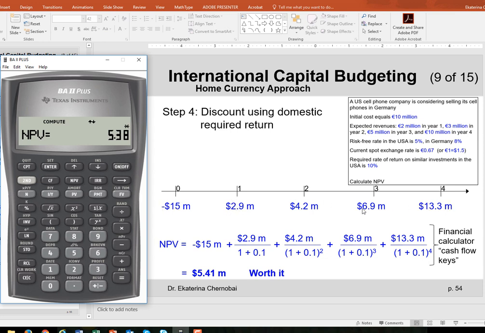So they're probably already rounded in the previous steps, and that's why I got a slightly different number. But the 5.41 million that I had explained earlier is more accurate because it's based on unrounded values. Okay, so 5.41 million if you don't round any of your intermediate steps, and that implies that the project is worth it.